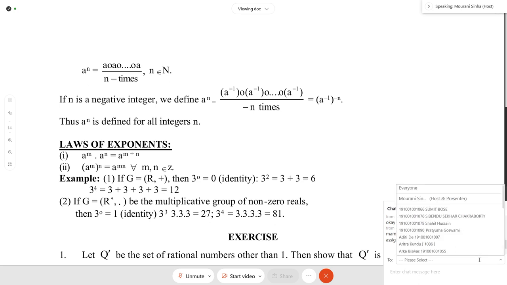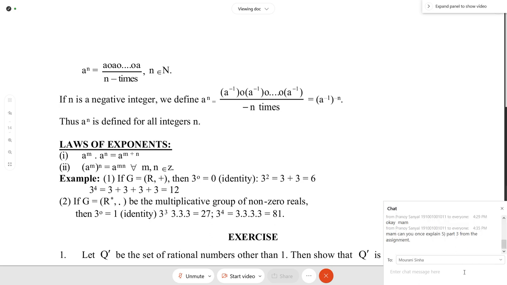You are asking me which question? Question 5 part 3. Just wait. Okay, question 5 part 3: 9 multiplication modulo 1 5.